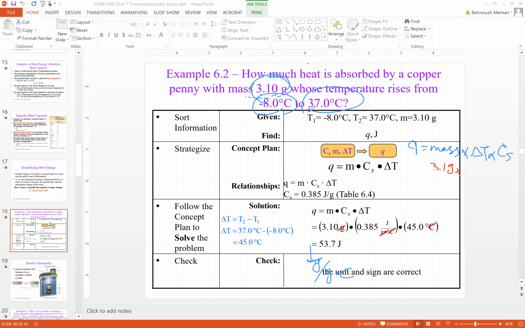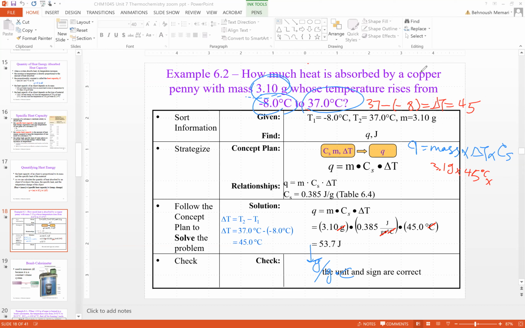Change in temperature is the final temperature minus initial temperature. So 37 minus -8 gives you the change in temperature, which is equal to 45 degrees. The unit, if it's Kelvin or degree Celsius, doesn't matter because you're looking for the difference. So in this case, you have 3.1 gram times 45 degrees Celsius times the specific heat for copper.